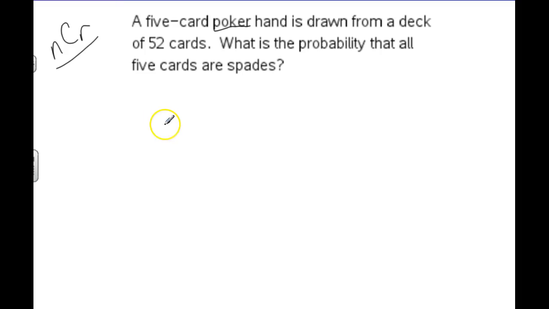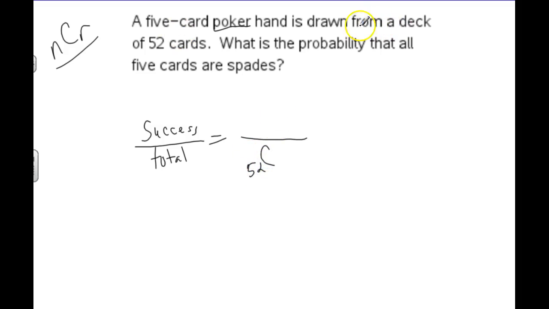We're also combining the idea of probability. So success divided by total here. So let's think about the successful. Well, I think about the total first. So we're going to use nCr. So what's my n and what's my r here? n is the total possible things here. So we're choosing from 52.